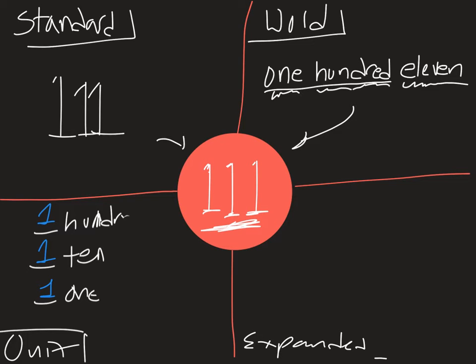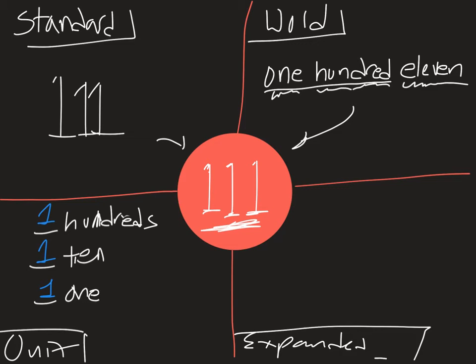Okay, so lastly, we're looking at our new form that we're talking about today, expanded form, which is numbers written as a number sentence. Now, believe it or not, because we've done unit form, expanded form is really easy. So when we're doing expanded form, we're looking at the place values again, and we're doing it because we want to write the place values as a number sentence, because every value in those place values will add up to the big number in the middle.